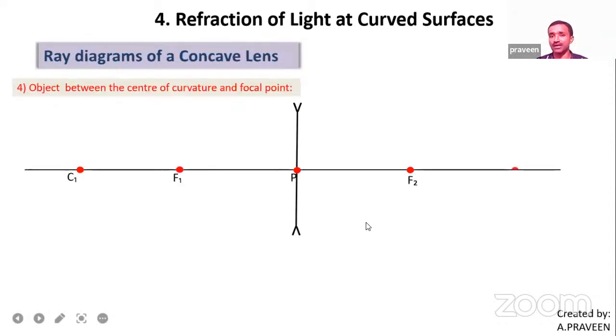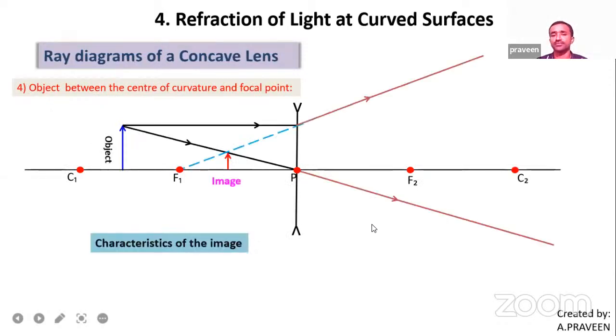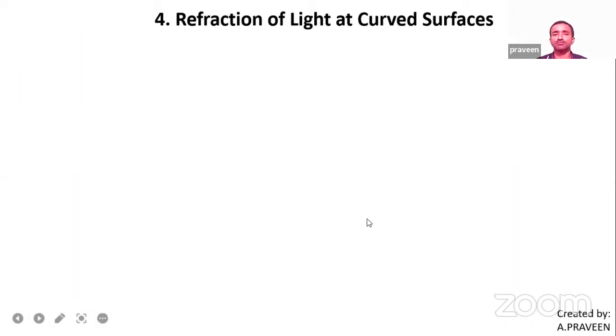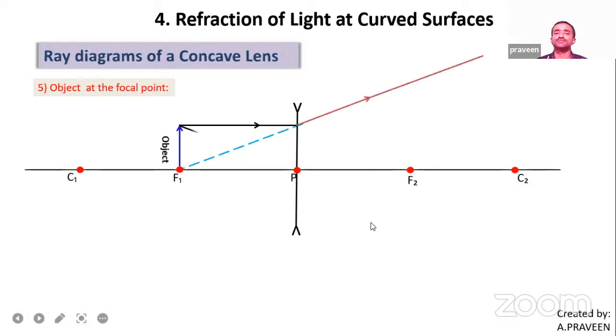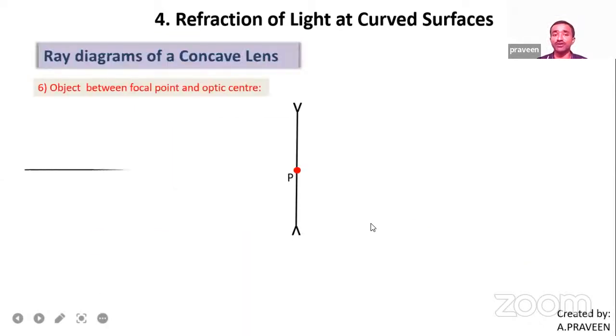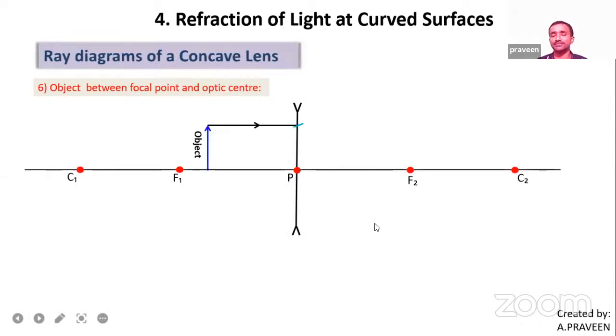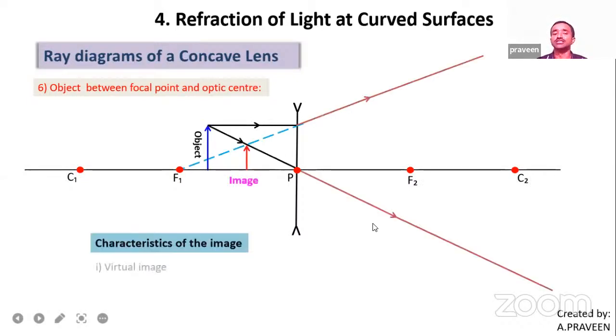Next, the object position changes, and in this case also you remain with the same characteristics of the image. The last position is between focus and optic center, and in this case also you will obtain the same thing. They never change; the characteristics always remain the same.